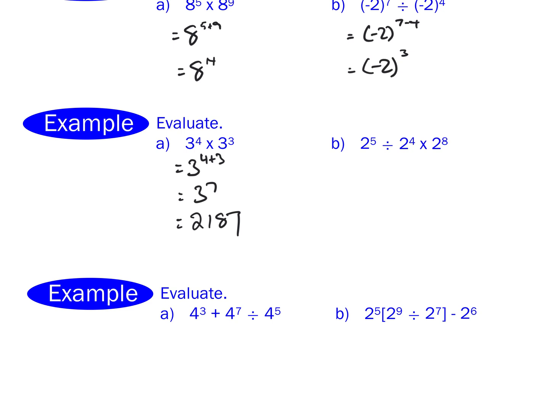Nope, not to 7. That's 3 to the exponent 5. 2,187. Okay, so when it says evaluate, we have to simplify using our exponent laws first, and then evaluate.